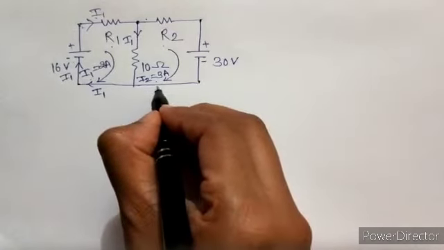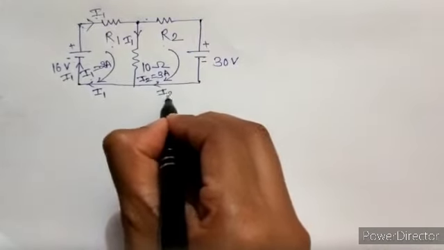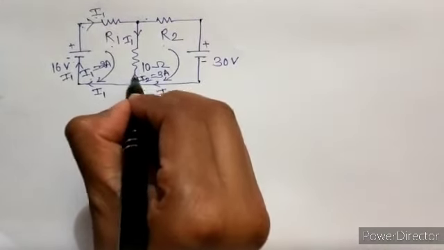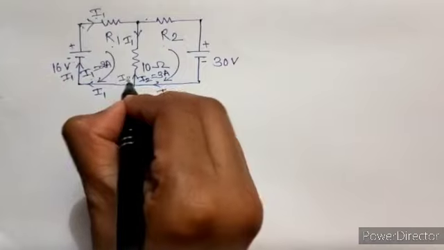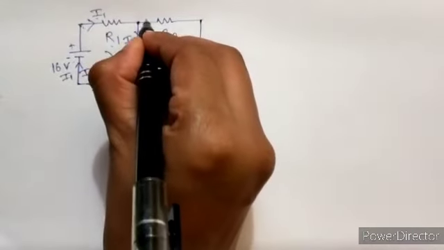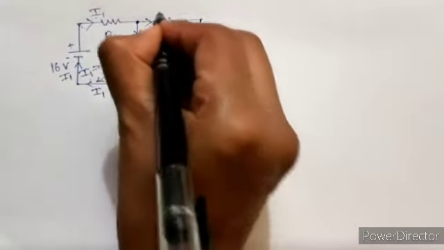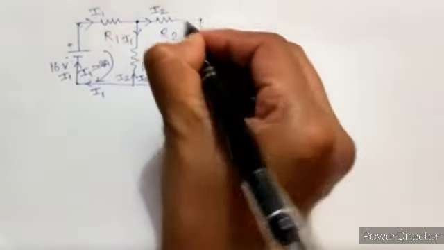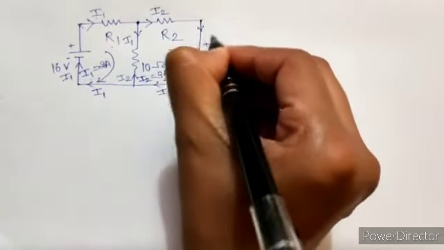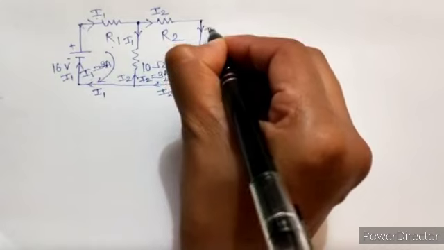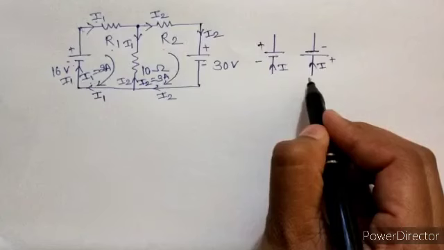Now the current I2 starts flowing from here. It passes through the 10 ohm resistance. Due to this node, it flows through R2. This is I2, and it flows through the 30 volt source in the downward direction.